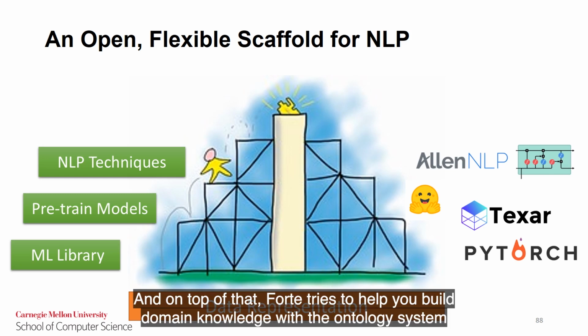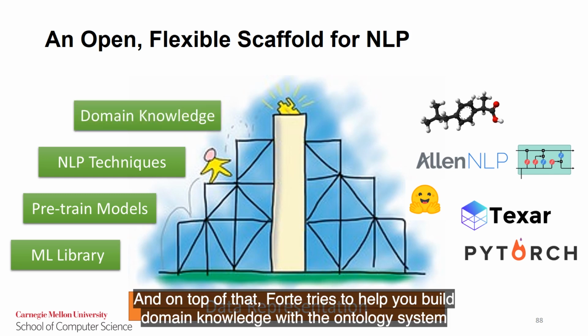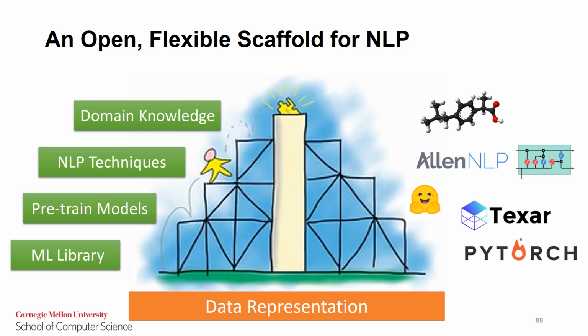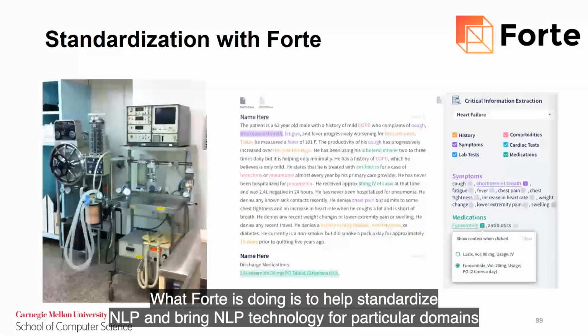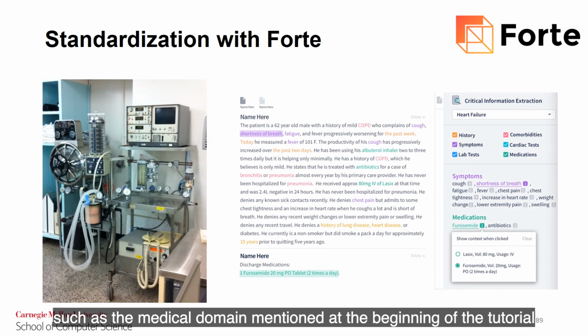And on top of that, Forte tries to help you build domain knowledge with the ontology system. What Forte is doing is to help standardize NLP and bring NLP technology to a particular domain, such as the medical domain mentioned at the beginning of the tutorial.